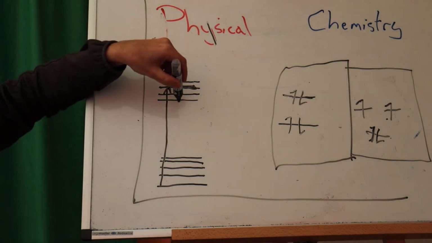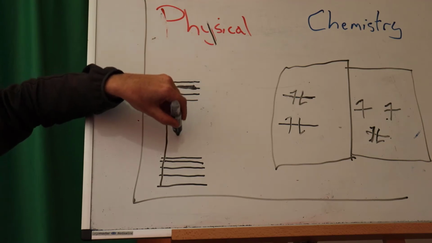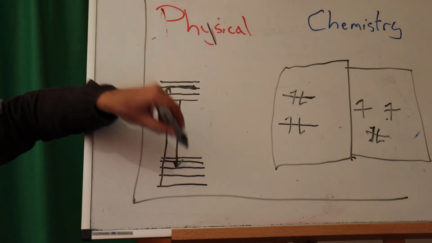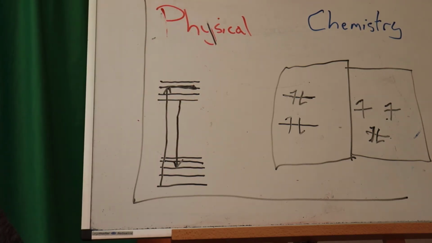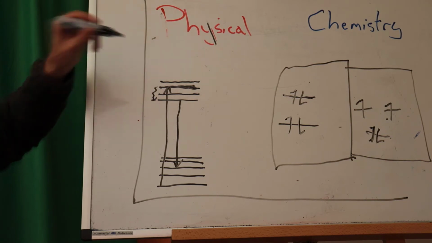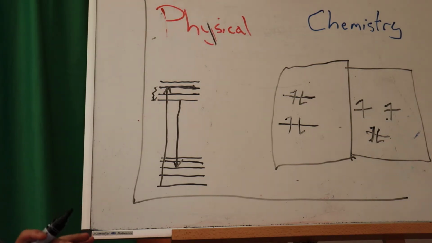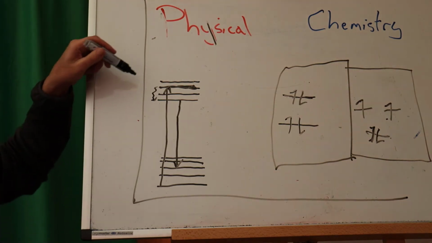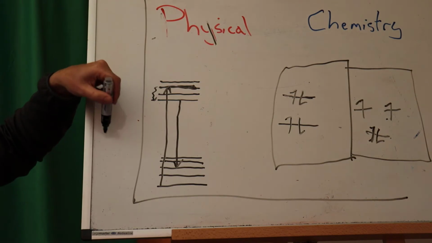And then we have the back one, which was this one. There were others, but we'll just leave those off for clarity. So we'll have a little decay from there to there. It's got a little wiggly line on it, and that denotes that it is not radiative.